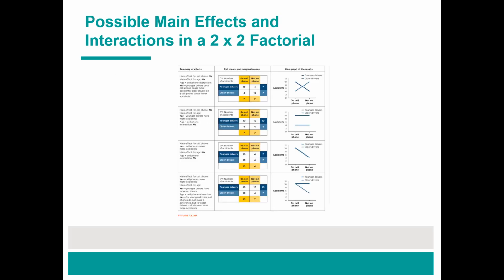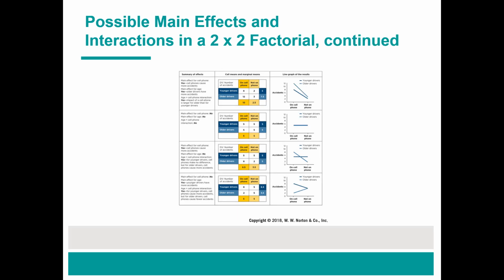This slide is a reference for the range of possible outcomes you can get from a single 2x2 factorial design. This first slide here presents the first 4 possible outcomes you could achieve in this type of design. And again, this continues the possible outcomes from a single 2x2 factorial design.